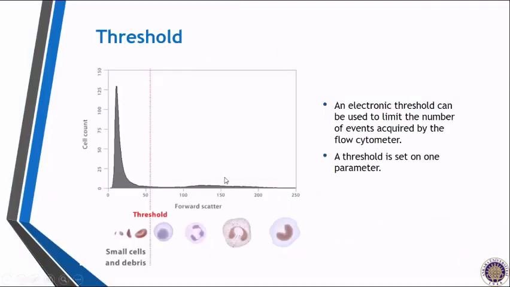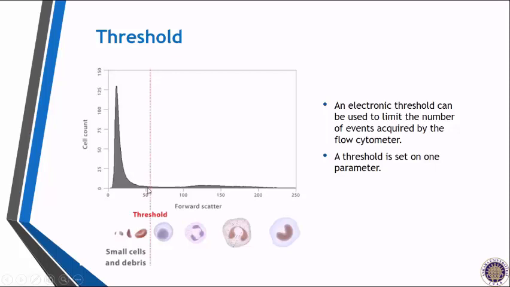One more important point regarding data collection is the use of a threshold. If every single particle passing through the laser caused the instrument to collect data, the data pool would be dominated by information coming from a very large number of minor particles, which can be seen here. To prevent this, a threshold is set.